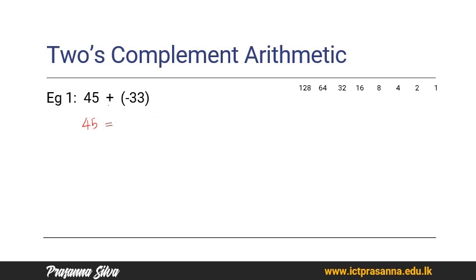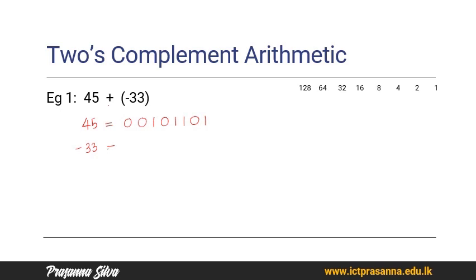So keep in mind that we need to represent this in 8 bits to fit our registers. So it's 0 for 128, 0 for 64, 32 is 1, 0 for 16, 8 is 1, 4 is 1, 0 for 2 and 1 for 1. In the same way we can take negative 33 as well.